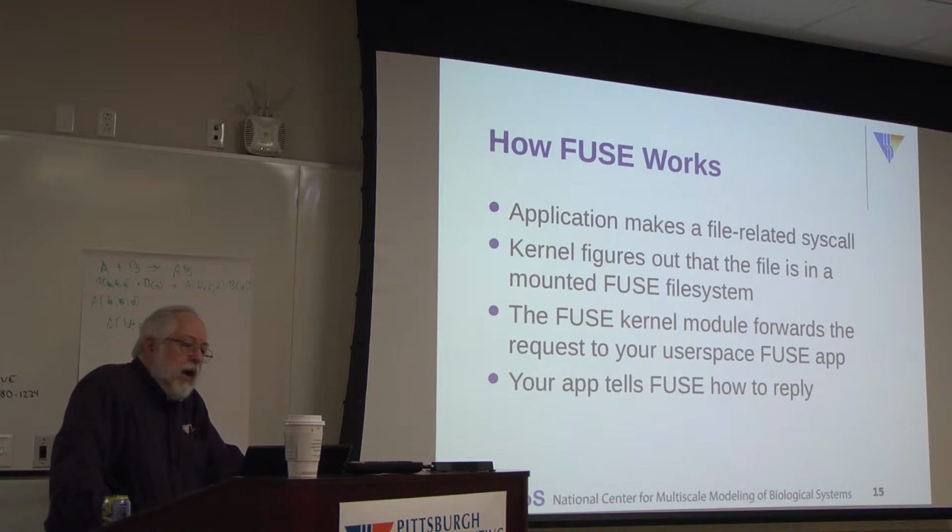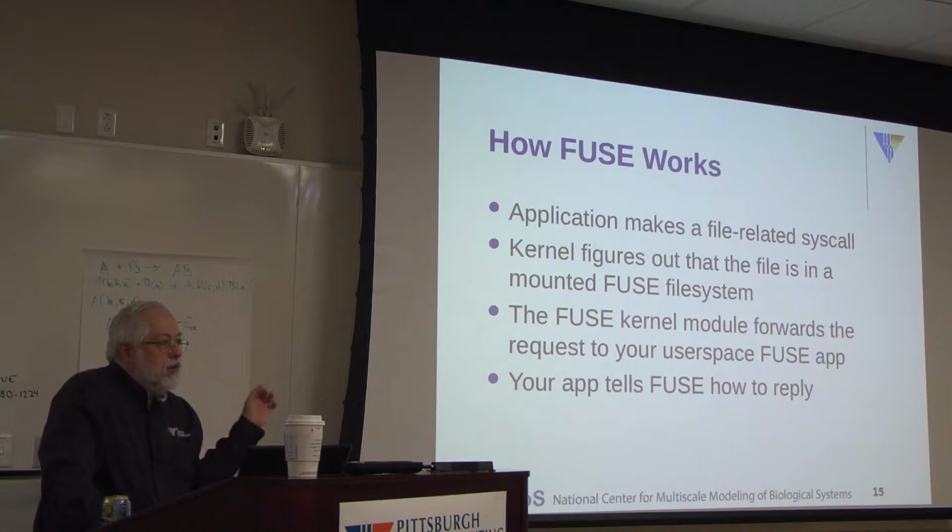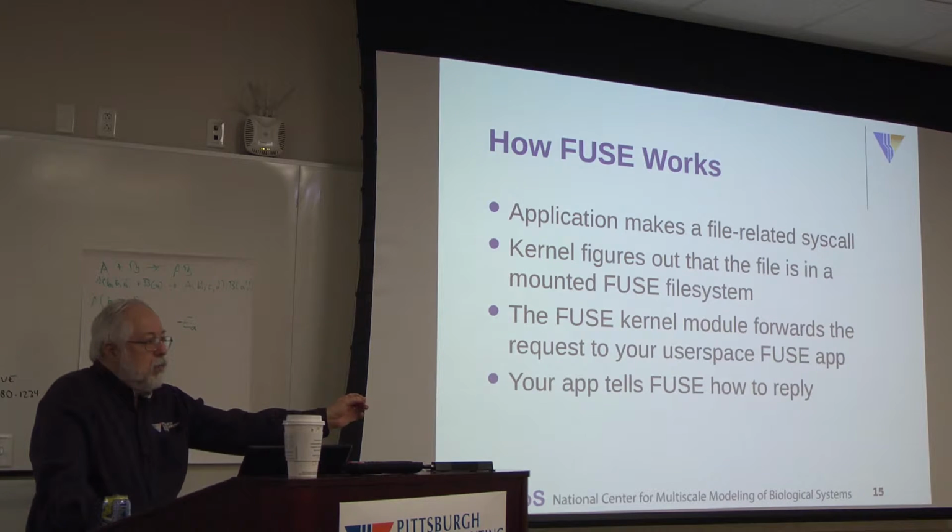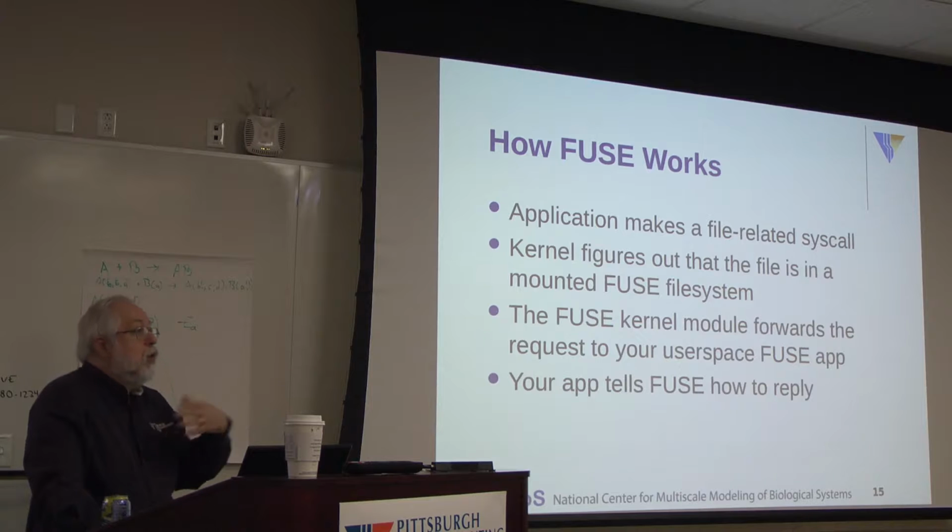When a program accesses a file, it makes a system call, typically open, close, read, write, things like that. In the case of Fuse, the kernel figures out that your program is issuing this call to something that is mounted as a Fuse file system. Your program doesn't need to know this. It just accesses files.